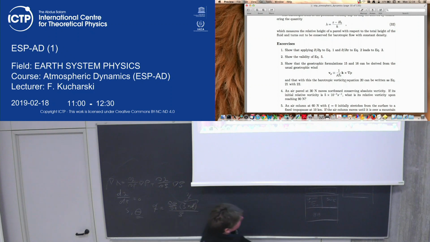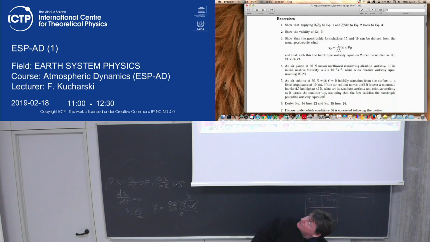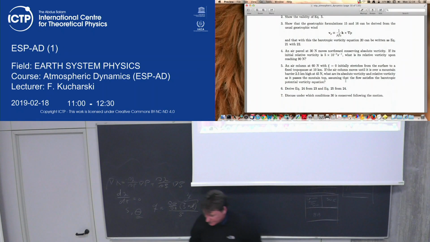Then the exercises 4 and 5 are taken from Holton essentially. They are just inserting some numbers, which can be good sometimes. So you assume that you are somewhere with a certain amount of vorticity, then you are moving some north or south, so what is happening to it, work that out.